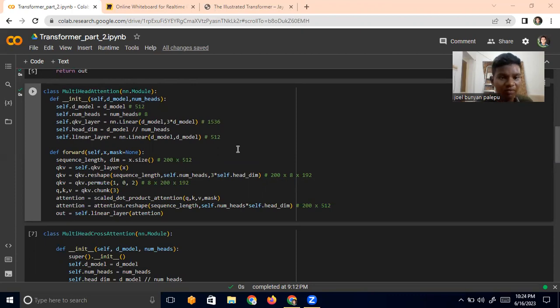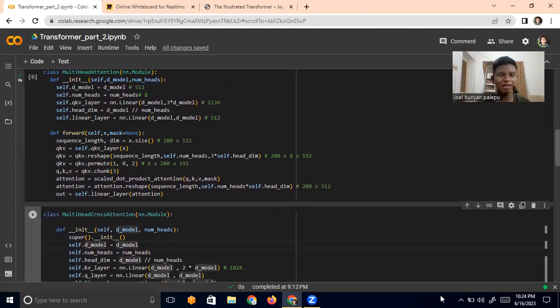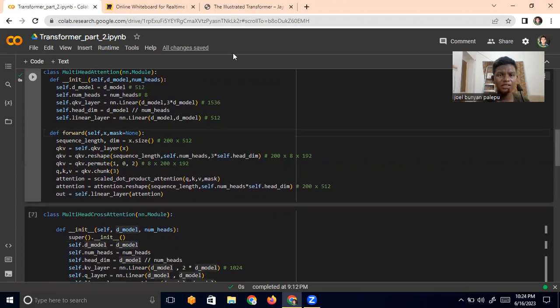And then we're going to have the final linear layer after calculating the attention. So we are going to have forward. Again, we have added a mask because we are building a path flow of all these classes, right? So this input is going to be propagated to all of these classes.